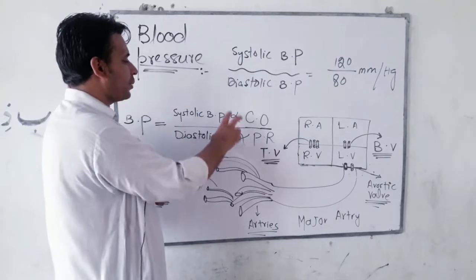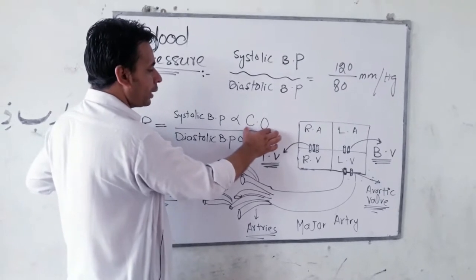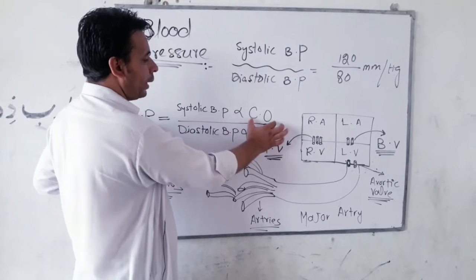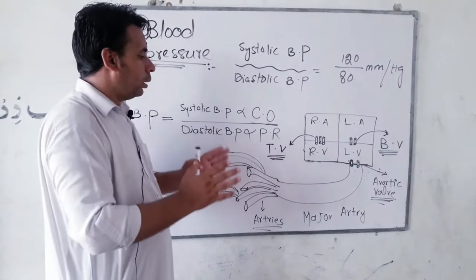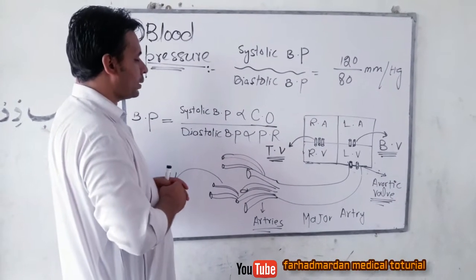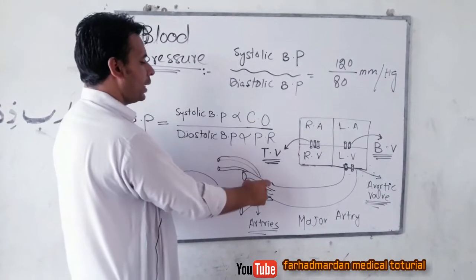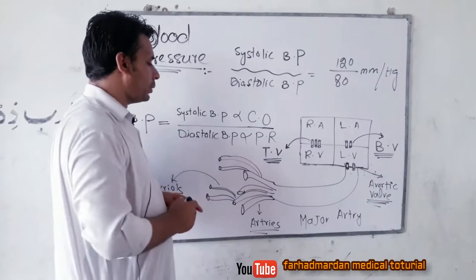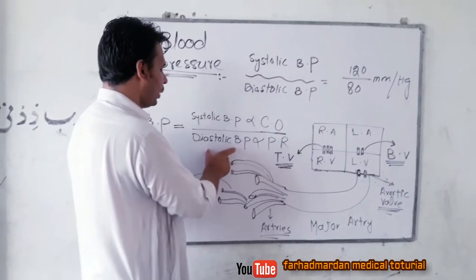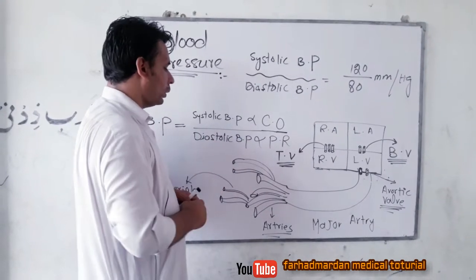And I even explained that if cardiac output increases, that will increase your systolic BP, and if your cardiac output decreases, that will reduce your systolic BP. And I also told you about peripheral resistance, that if it changes, that will also change the diastolic blood pressure. Meaning if it increases, this will also increase, and if it reduces, it will also reduce.